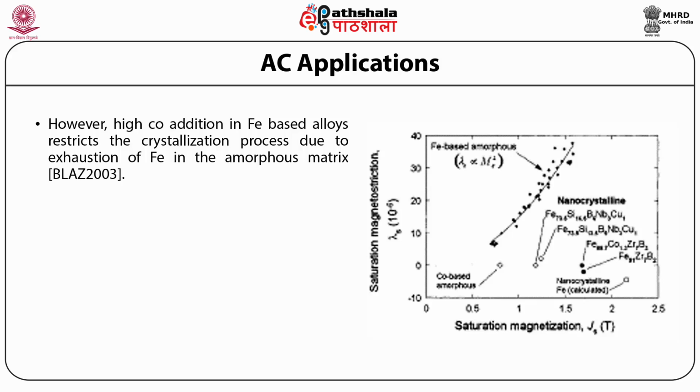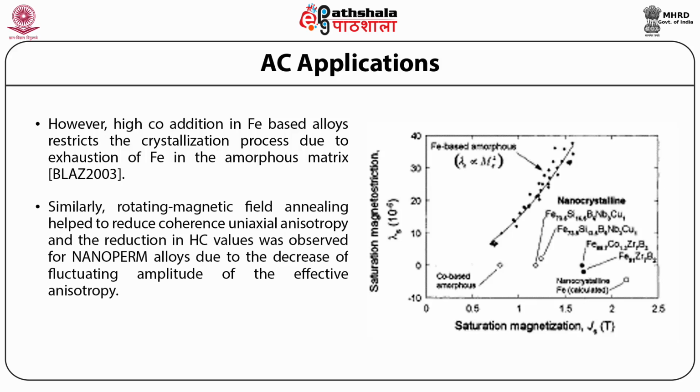Recently, it has been shown that the structure of cobalt-rich nanograins can be tuned by means of static magnetic field annealing. Similarly, rotating magnetic field annealing helped to reduce coherent uniaxial anisotropy, and the reduction in Hc value was observed for NANOPERM alloys due to the decrease of fluctuating amplitude of the effective anisotropy.